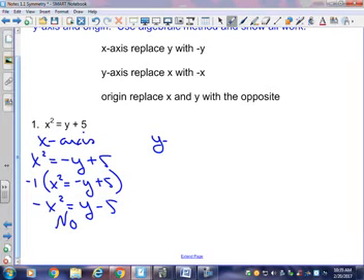So now we're going to do y-axis symmetry. When we do y-axis symmetry, we're looking for placing negative x in for the plain x that we have right now. And that means I need to put parentheses around it because it's a power. So I go back to the original problem, take out the x, and put in negative x. Anytime you put in negatives with powers, you have to write parentheses around it so that it gets done correctly. If you don't put the parentheses, it doesn't mean the same thing.